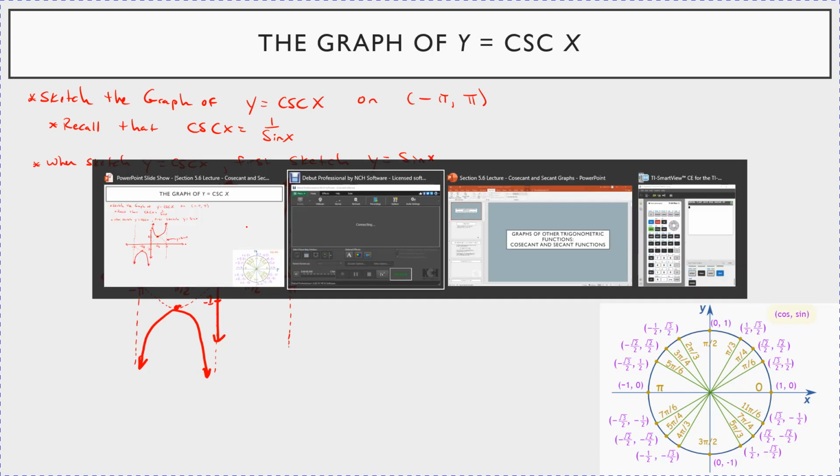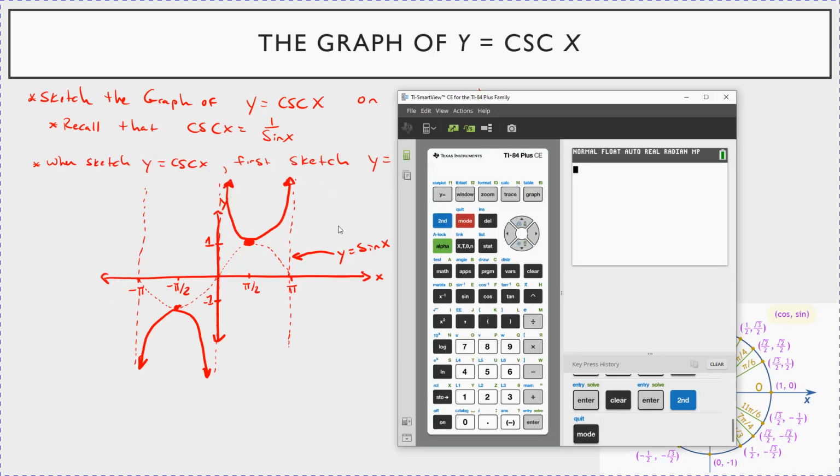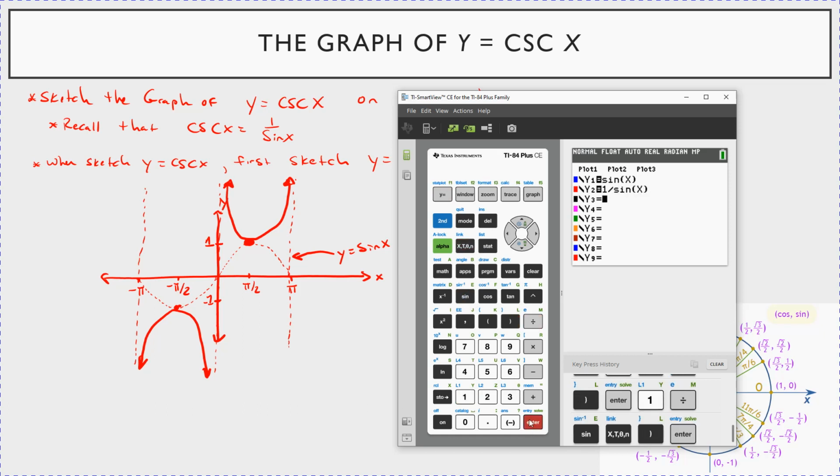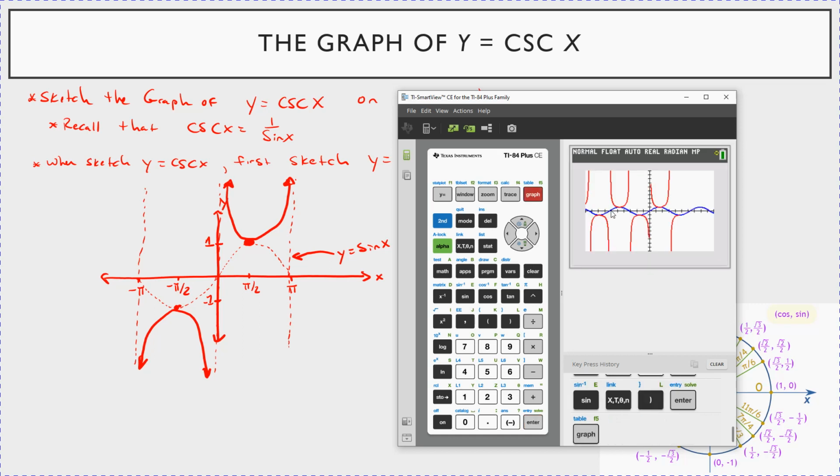And look, let me show you something. If you were to plug into your calculator sine of x, and then cosecant you plug in as 1 divided by sine of x, watch what happens when I graph this. Here's sine of x in blue, and then in red you can see cosecant. And you can see exactly what I'm talking about.